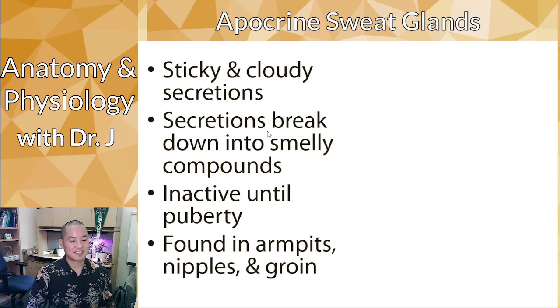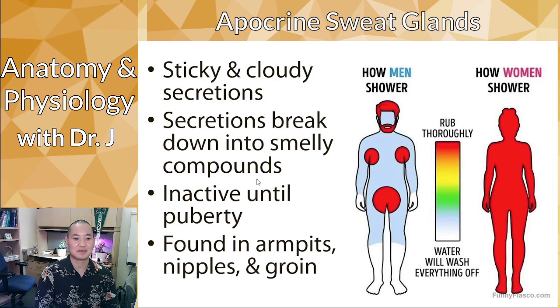And I mean, not throwing my fellow guys under the bus, but I love this meme, not because it's funny, but because it actually shows you where the oiliest and smelliest parts of our body are. This is where we find apocrine sweat glands. We find them in the armpits, we find them in the groin.